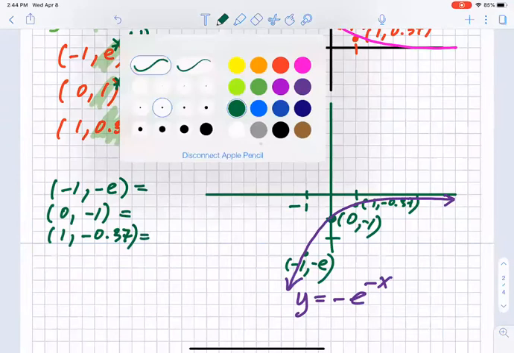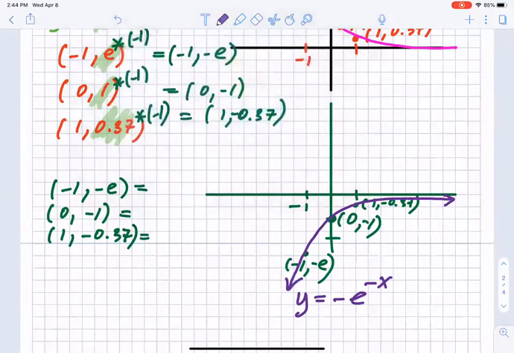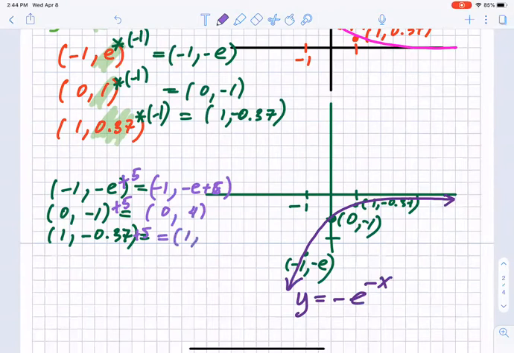Well, 5 units up, we said plus 5 to the y values. So plus 5, plus 5, plus 5. Here we get -e plus 5. You could say here 0 and -1 plus 5 is +4. And here we're going to have 1 and 4.63.